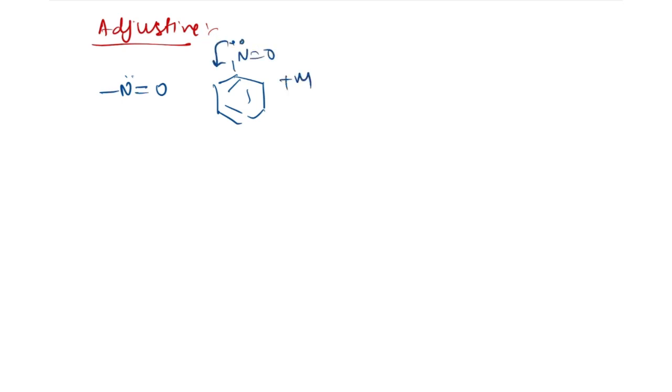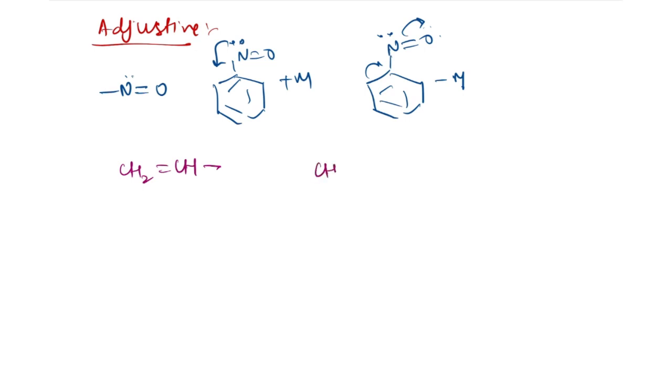But with the double bond to O, it has a tendency to pull the electron, so it is minus M. Then the vinyl group also, CH2 double bond CH, has the tendency to pull the electron and also to push the electron.